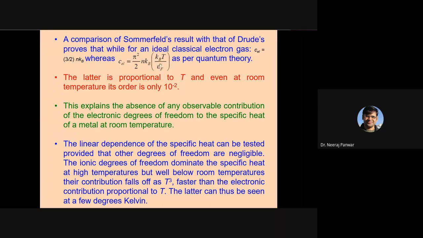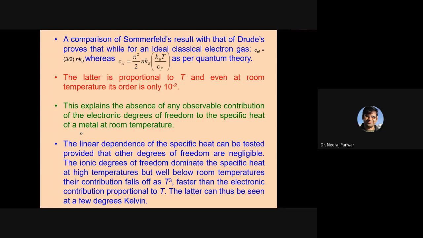This electronic specific heat dominates at very, very low temperature, close to 0 Kelvin. Its contribution can be seen up to 4 Kelvin only, from 0 to 4 Kelvin. Above that temperature, the ionic specific heat starts dominating.